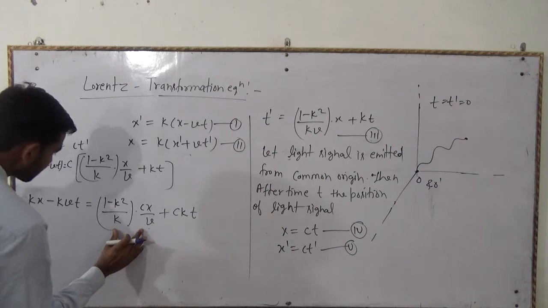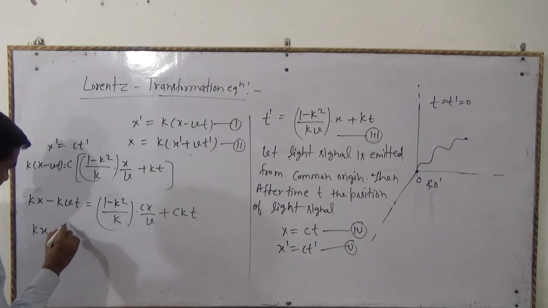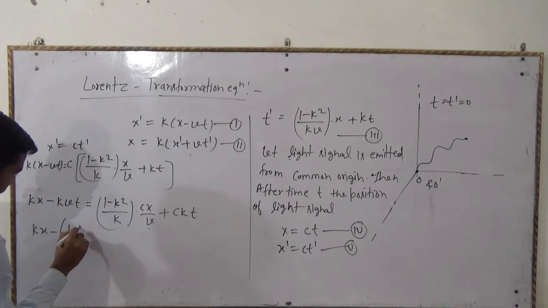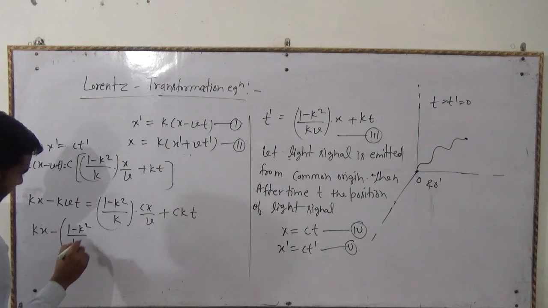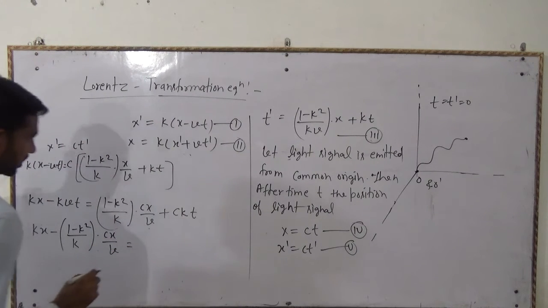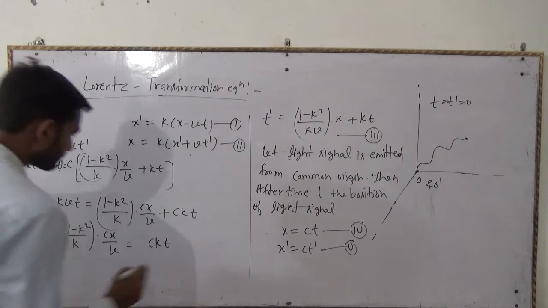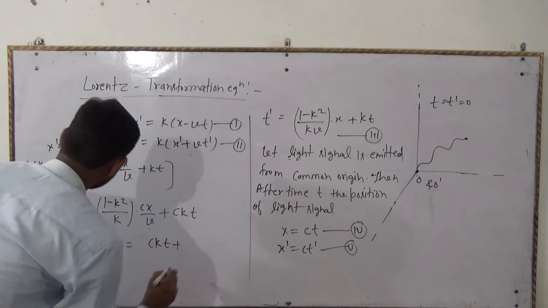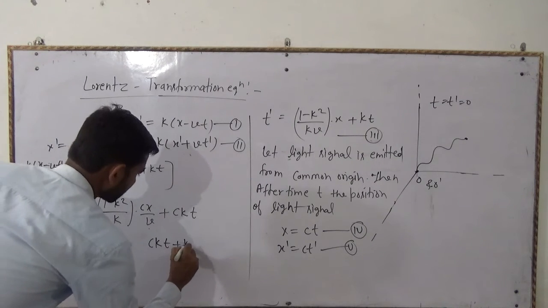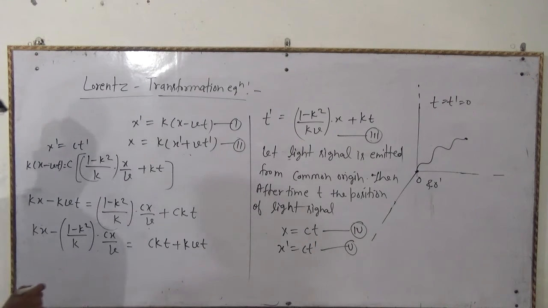We will keep this term on this side, then we will get kx minus 1 minus k square by k into cx by v is equal to ckt, and we will keep this term on this side, then it will be positive kvt.